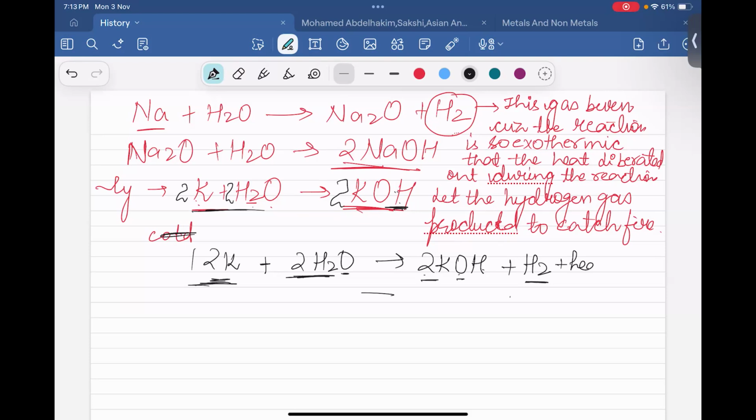Heat energy is also released. Just because of this heat energy, or we can say the exothermic reaction property of this potassium hydroxide, it catches fire.